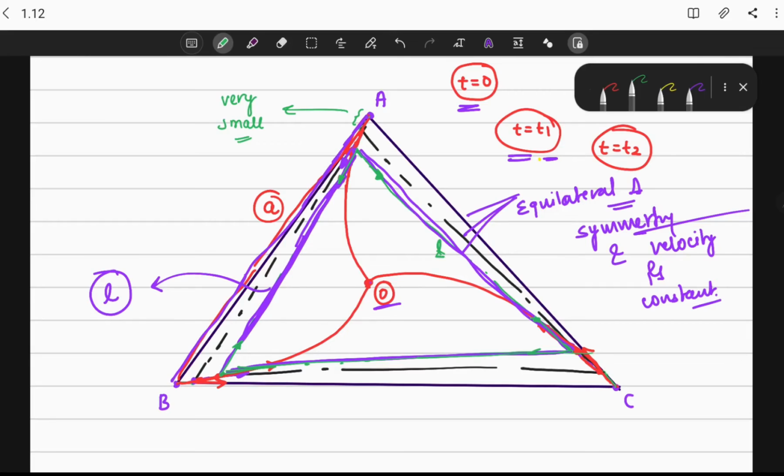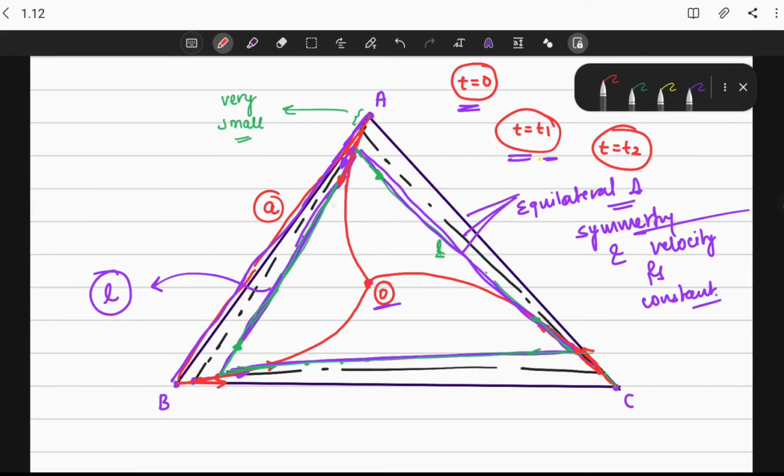Now consider the velocity along this direction, because we want the rate of change of this length.